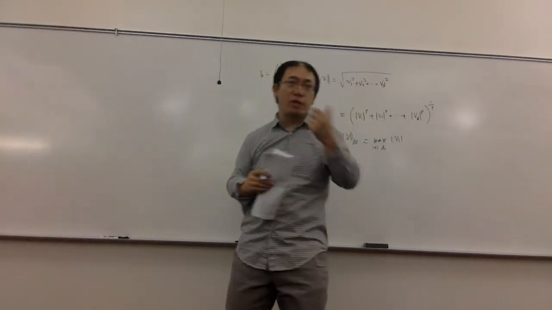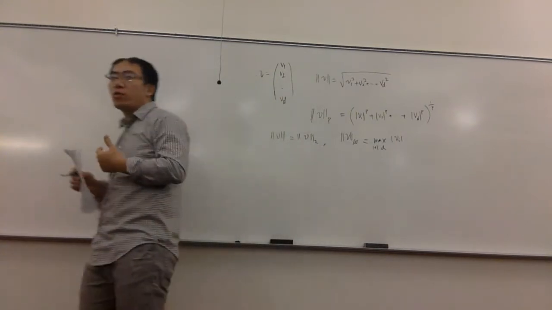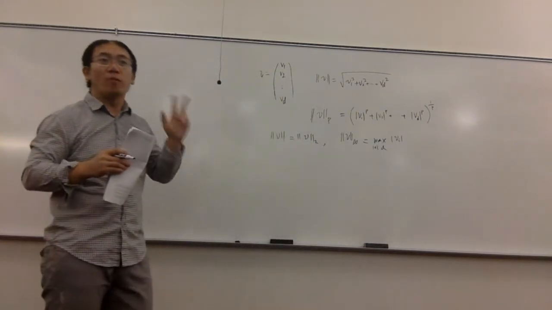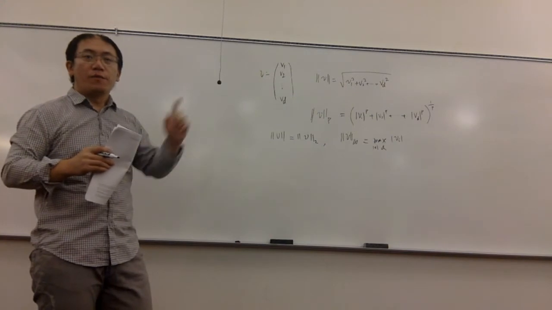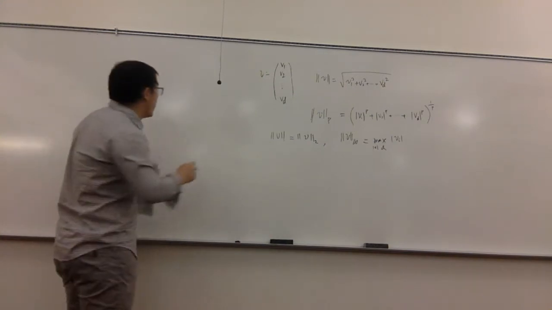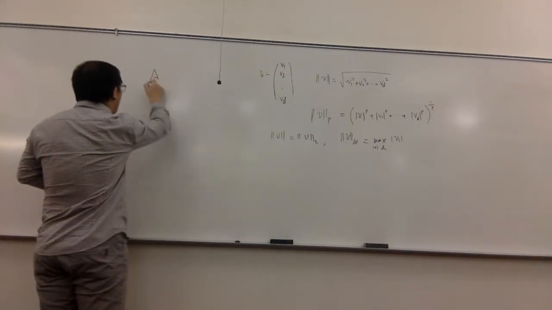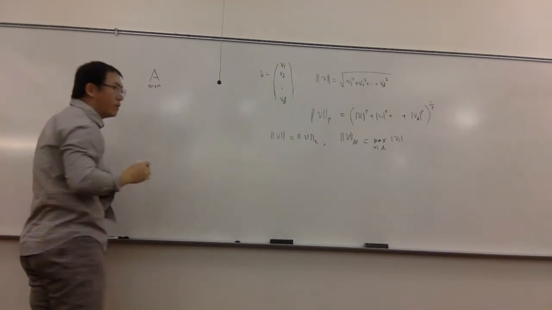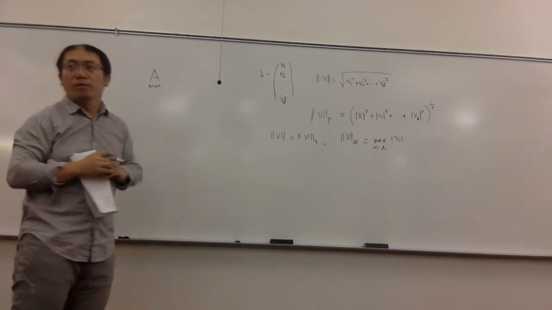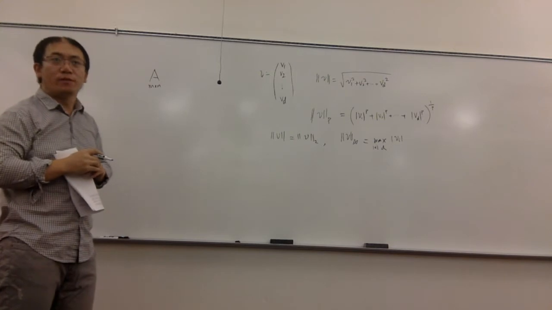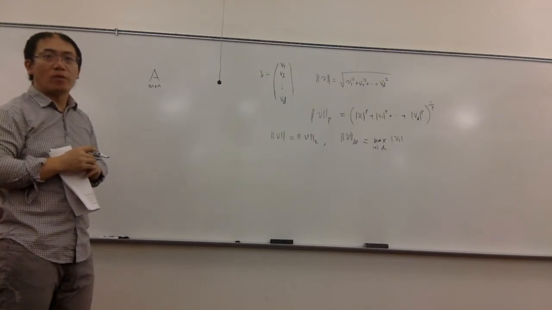There are various definitions for matrix norms, and we only introduced the two commonly used ones. The first is called the Frobenius norm. Say for an M by N matrix A, what's the definition of the Frobenius norm? Anyone recall?